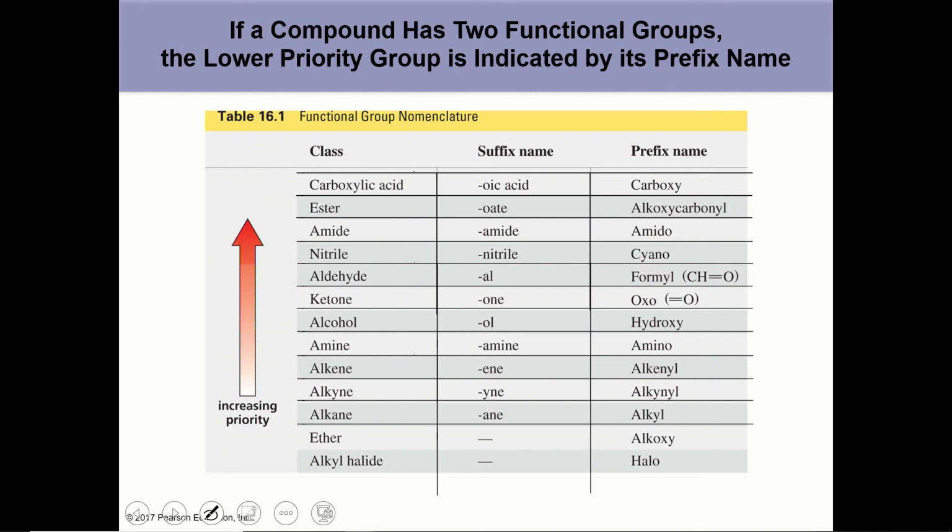So as functional group priority changes, the suffix of the name will be changed so that the functional group that is said to have a higher priority will have the suffix, and the lower priority functional group will be represented by a prefix. So for example, an alkane, which contains only carbon and hydrogen, has a lower priority than a molecule that has an alcohol.